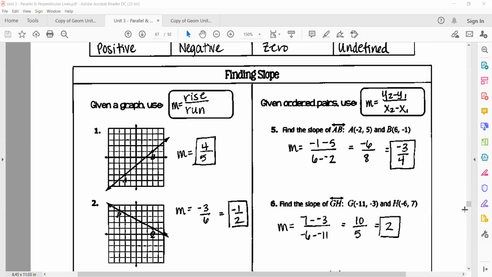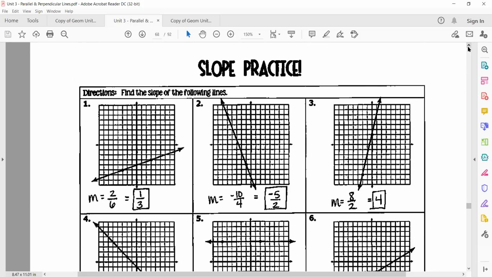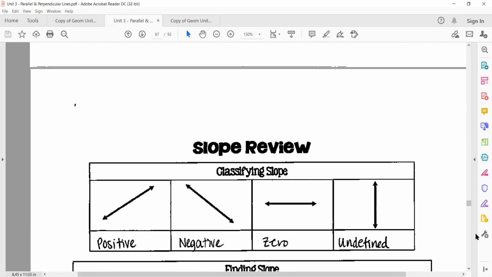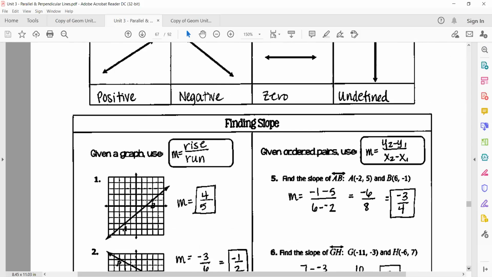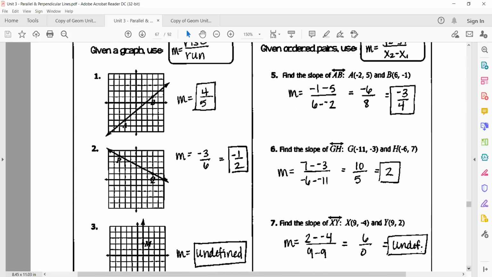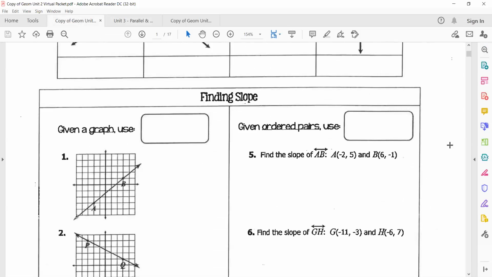Here's negative slope in the first one, number 5. +2 for the second one, undefined for number 7, the third one, and 0 for the last one. So a different one example of each. Just watch those minus signs.